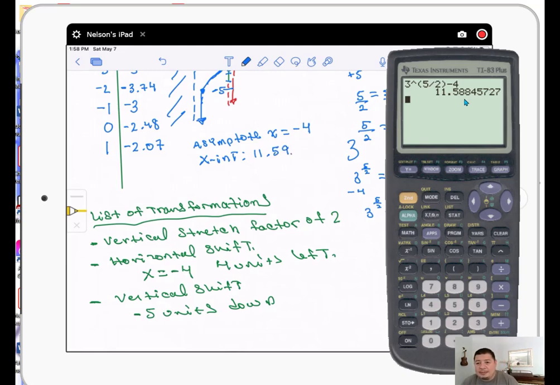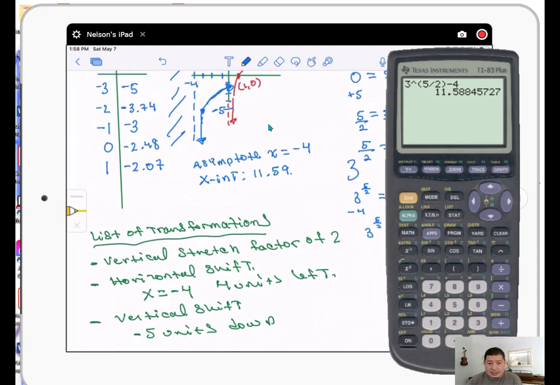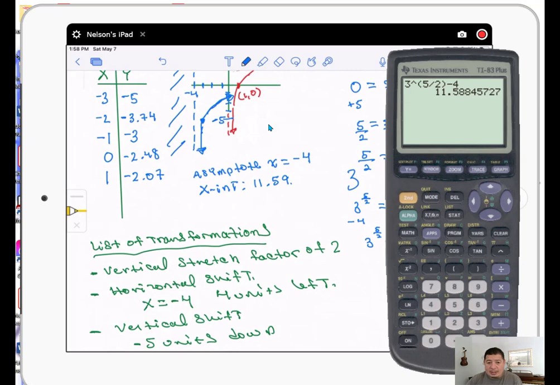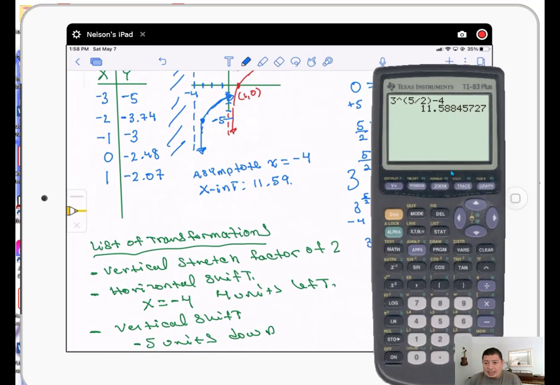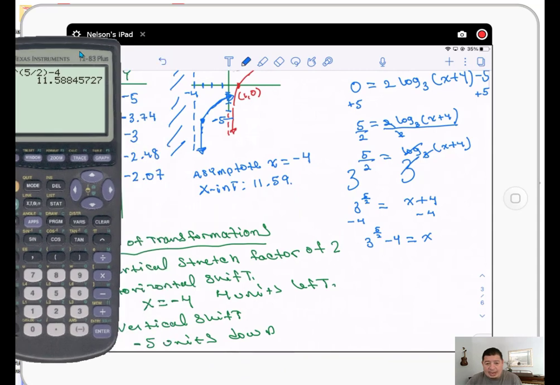Let's go ahead and use this x value and plug it into our original equation. Let's see what happens.